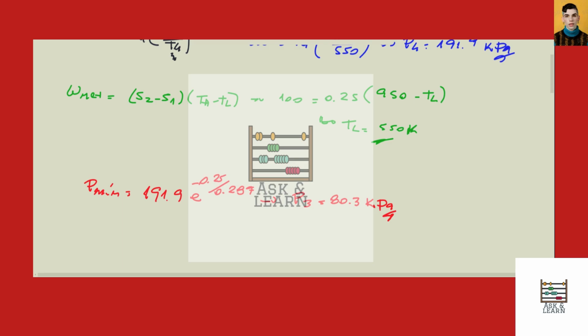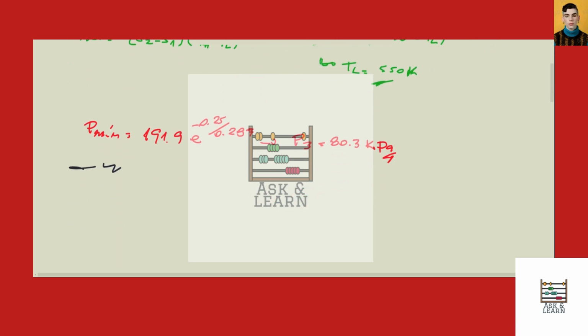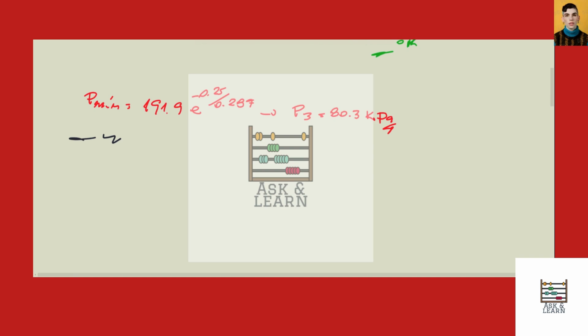The second thing we must do in this problem is to find what is the output heat. So item B, we have to find the output heat. As we know, the output heat is related to the low reservoir.